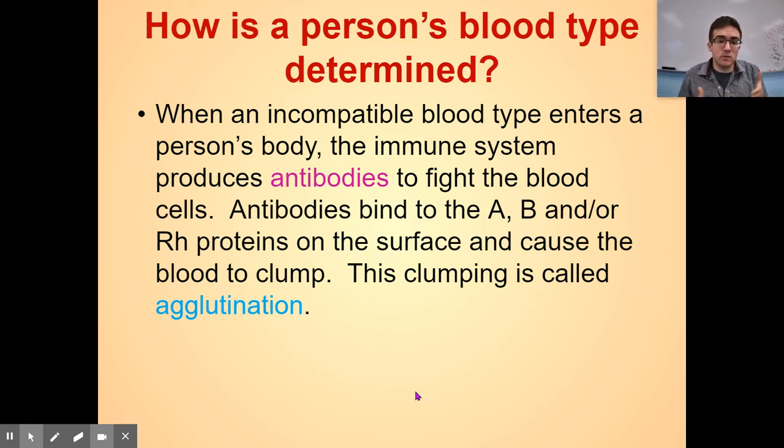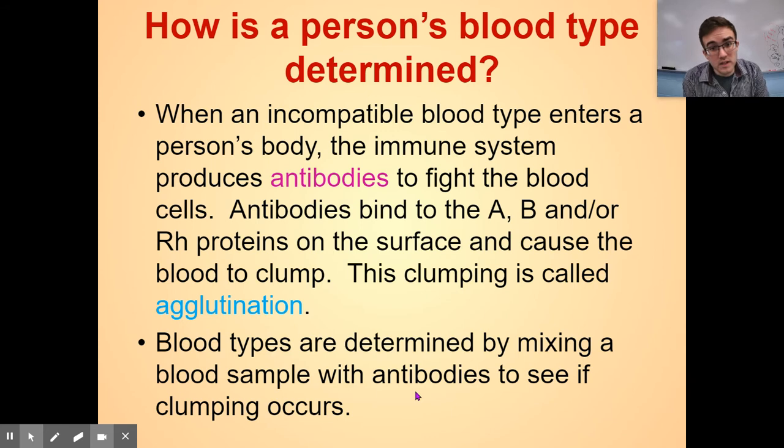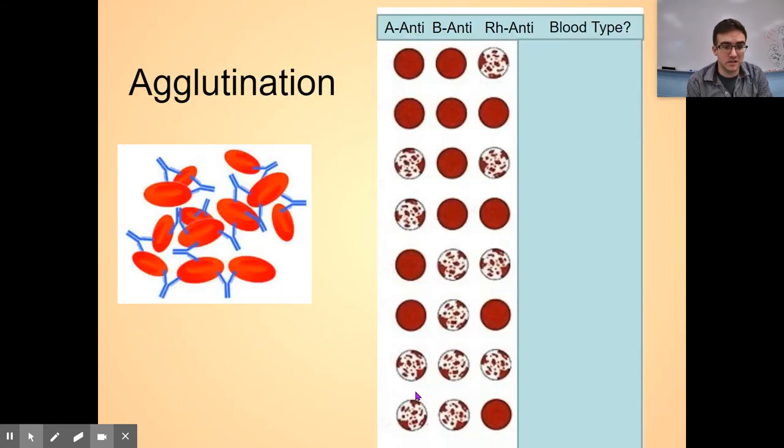So they would set up 3 different known blood sources: a blood type A, blood type B, and then an Rh positive blood type. Then they would add the unknown blood to all 3, and they would look for this agglutination, or this clumping, to occur. If they had clumping, that means that blood is not the same as that. All right. So really, it was just mixing and seeing if clumping occurs.